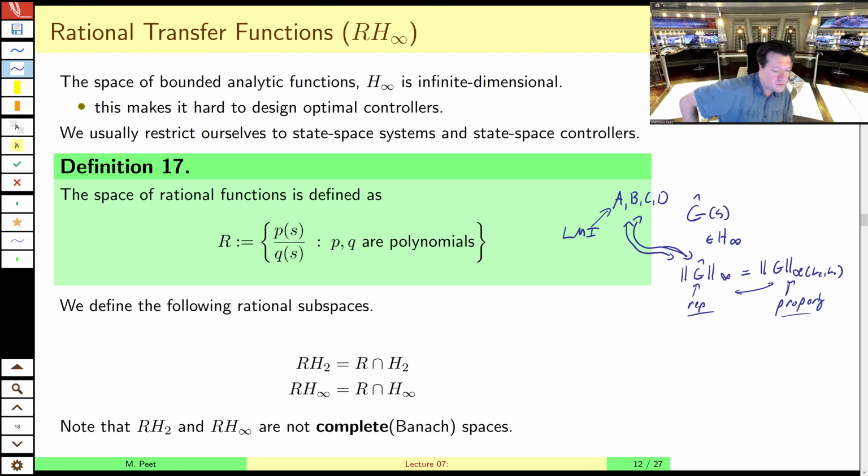Now, to get there, we need to restrict ourselves a little bit. We need to restrict ourselves to transfer functions which can be represented using state space systems, right? So the set of transfer functions is actually rather larger than the set of state space systems.